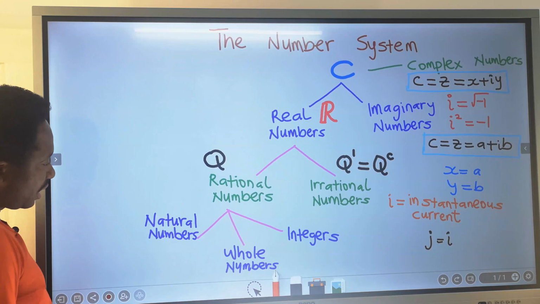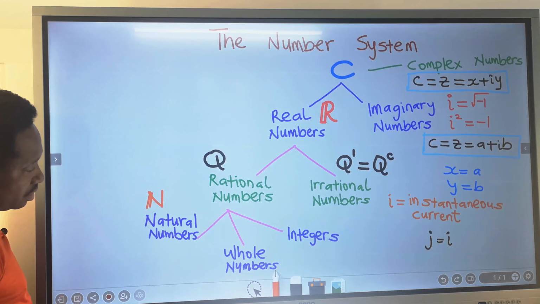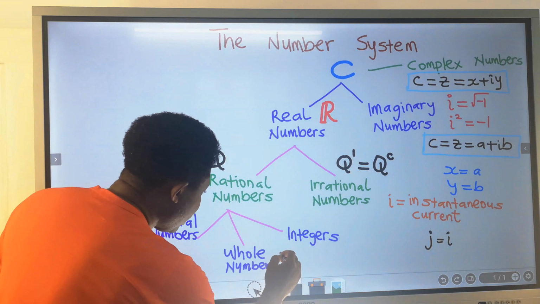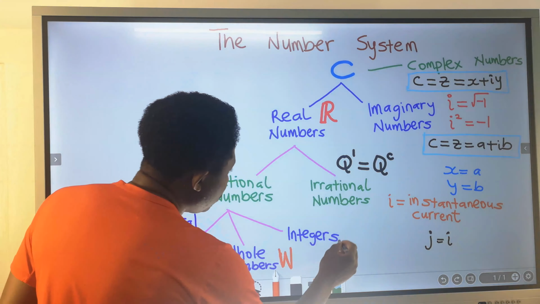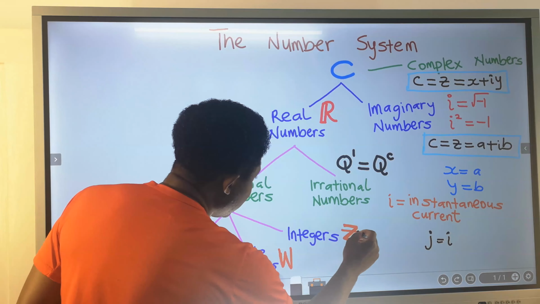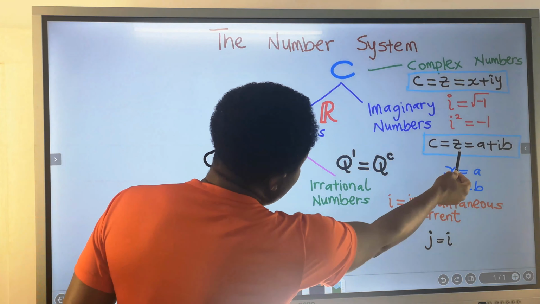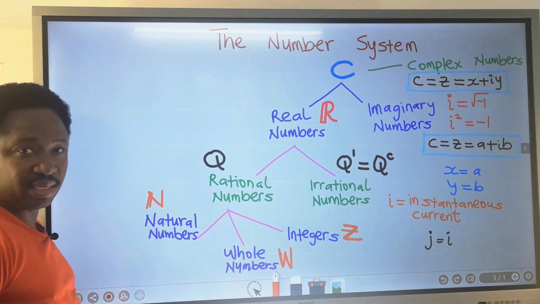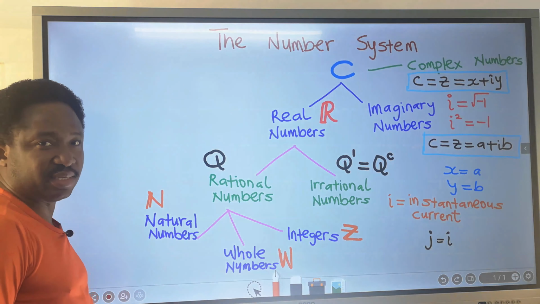Natural numbers can be represented with capital letter N. Whole numbers can be represented with capital letter W, while integers usually represented with capital letter Z. This Z is different from this Z. This Z is a capital letter Z, and this Z is a small letter z.